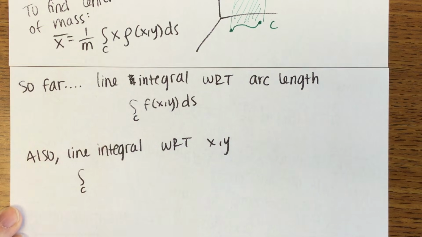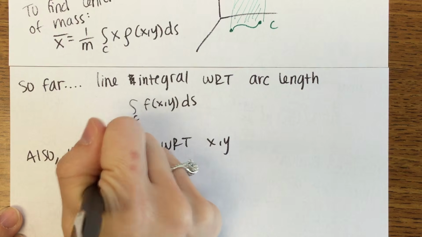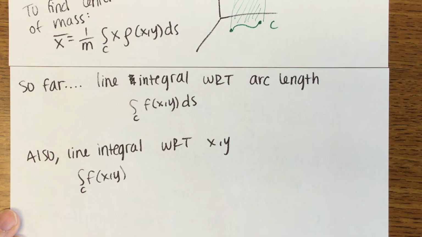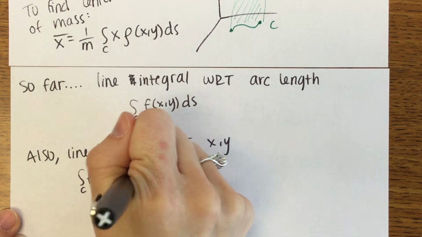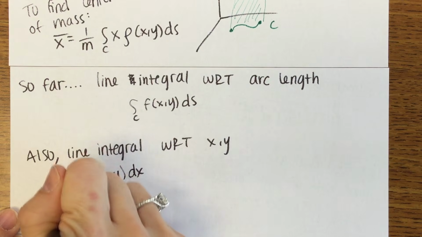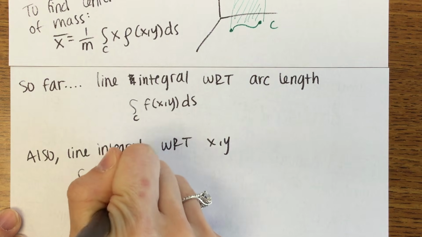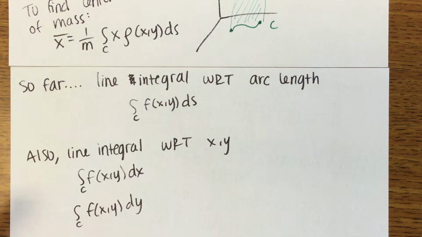You're still going to have that C. You'll have f of x, y. Instead of ds, though, you could have dx. You could have dy. So the C tells you that it's a line integral. So anytime you see the C, you know it's a line integral.